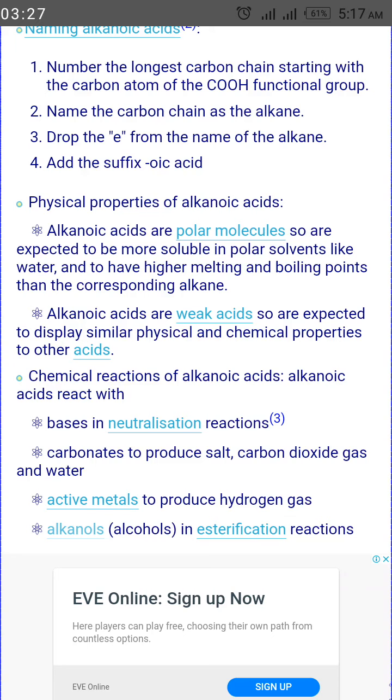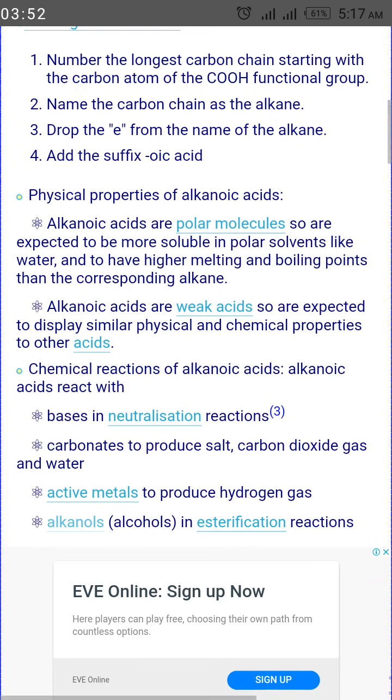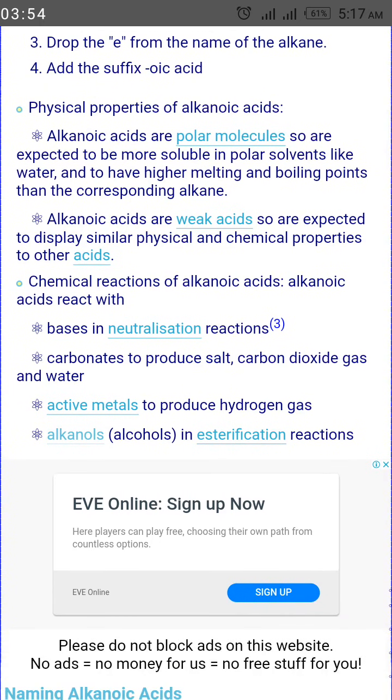They have different boiling points from their corresponding alkanes, and the boiling and melting points of the alkanoic acids are higher than those of the corresponding alkanes.